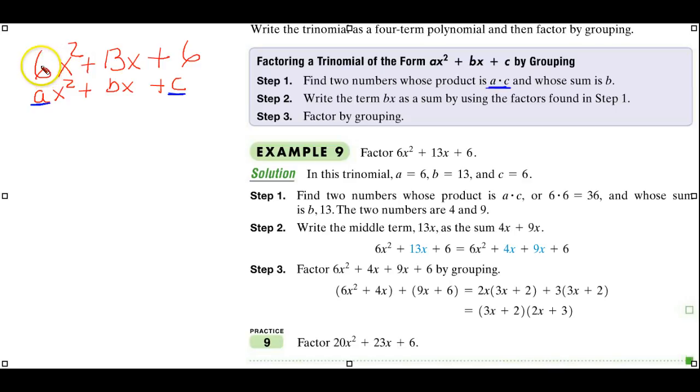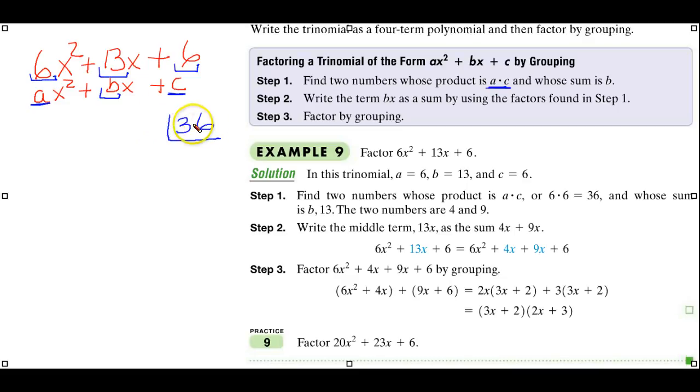This is the A term, this is the C term. Now, multiplying the 6 by the 6, we get 36. Now, we're looking for factors of 36 that will add up to our B term, which is 13.